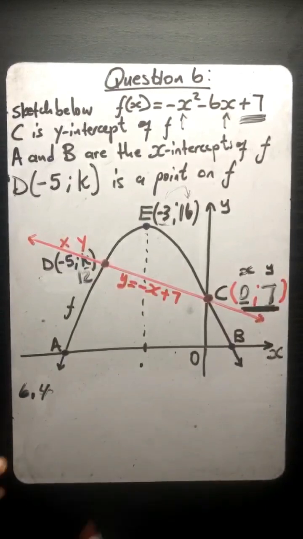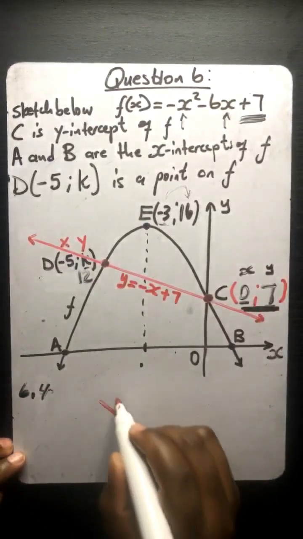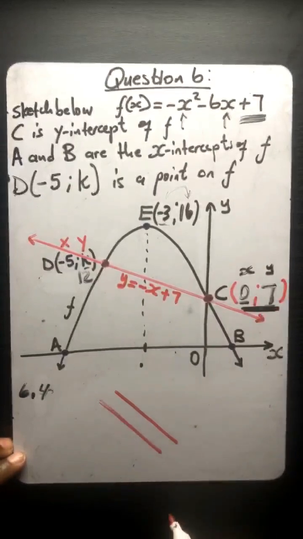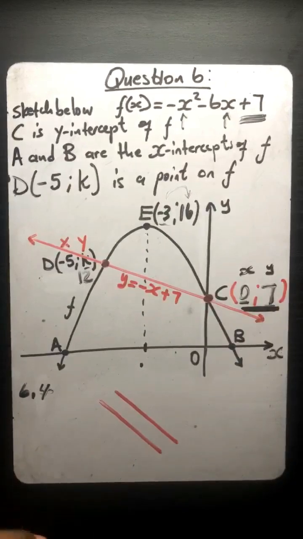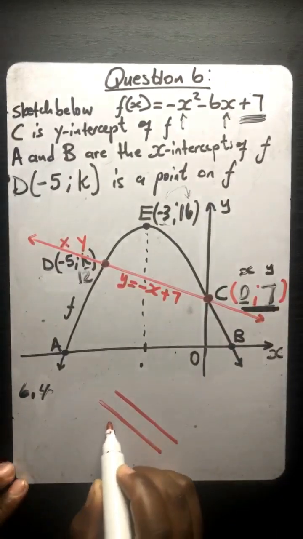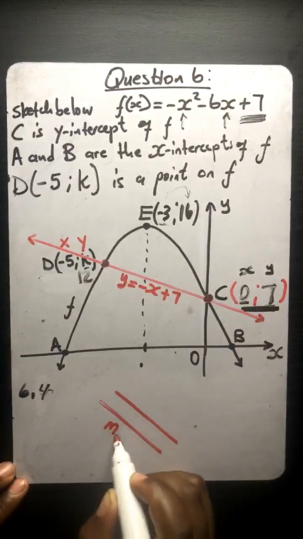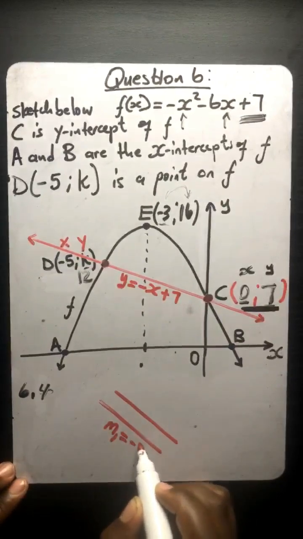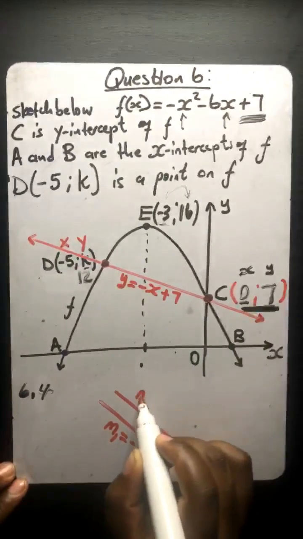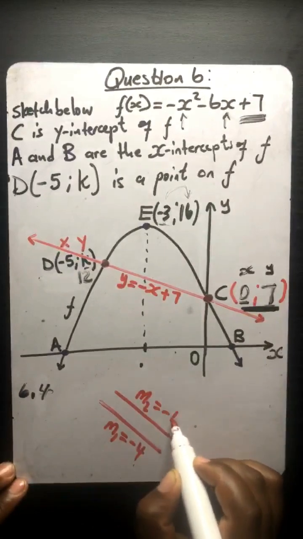Now remember, if you have parallel lines, that means those two lines have got the same steepness or the same slopes. They are just in different positions. Therefore, if the gradient of, let's say, this line 1 is equal to -4, then the gradient of this line also is going to be -4.